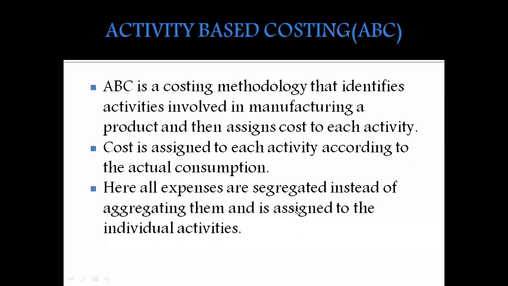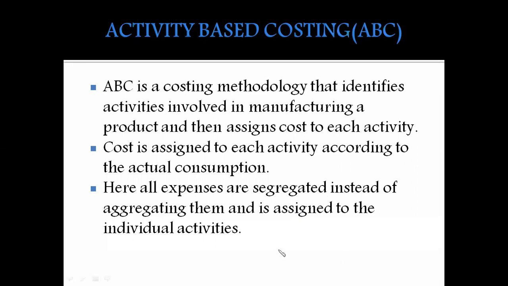This is a costing methodology that identifies activities involved in manufacturing a product and then assigns cost to each activity. Cost is assigned to each activity according to the actual consumption. Here, all expenses are segregated instead of aggregating them and are assigned to individual activities. So all the expenses are taken separately.